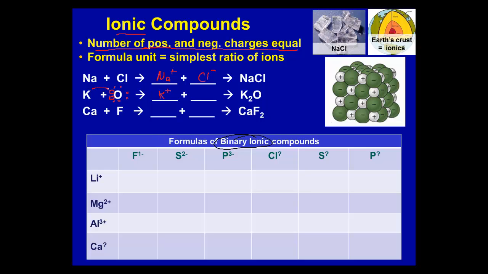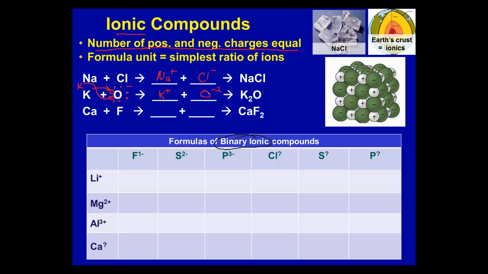So if potassium gives off 1 electron, oxygen has a -1. But if there's another potassium atom around, it will give another electron, and oxygen ends up having a -2 charge. I hope you understand that concept, and if you don't, make sure you try and figure that out. Come and ask me or talk to your friends. So K ends up with a +1 and O ends up with a -2.